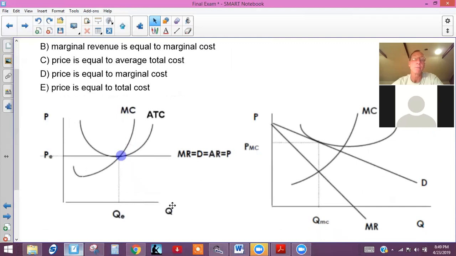So it's not E. Total cost is always average cost times quantity, which is going to be huge. The curve will be way out there, right?